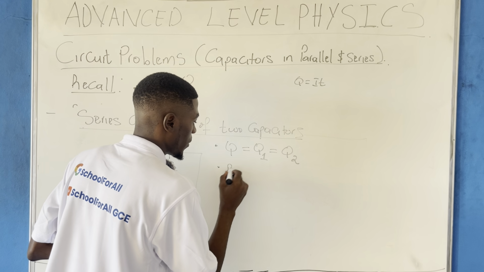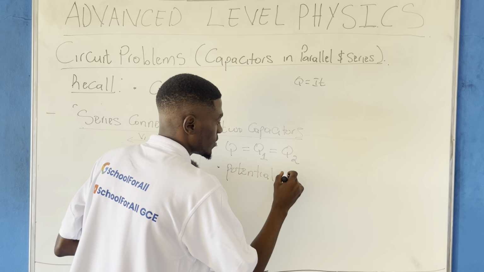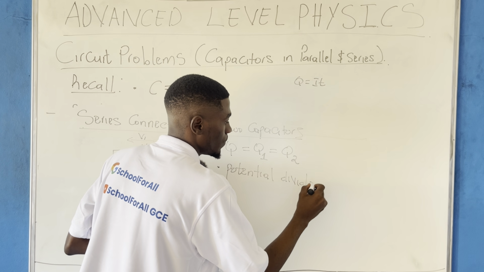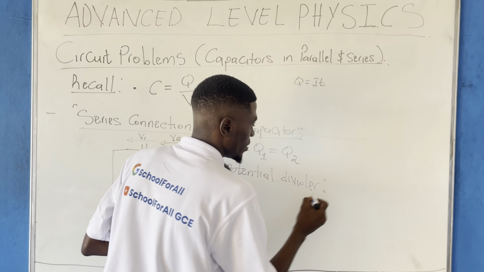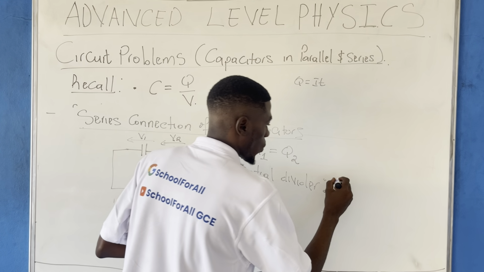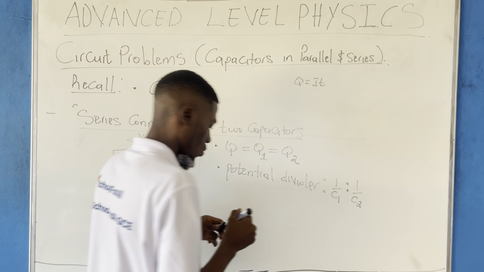So let me apply potential divider. It will be different because here the voltage is being shared in the ratio 1 is to C1 is to 1 is to C2. Why am I saying that?